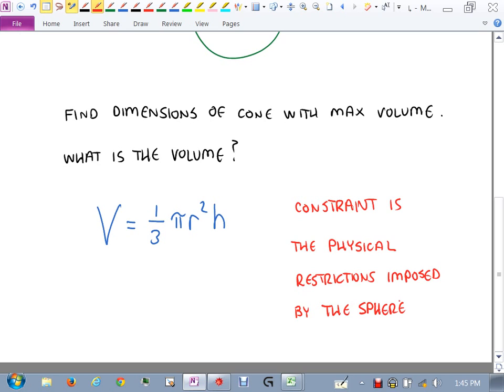Would you agree with that idea? The sphere itself imposes some physical restrictions that don't allow our cone to just be whatever it wants to be. It has to do something that the sphere is going to dictate. But I need to find out what it is that that sphere is doing.